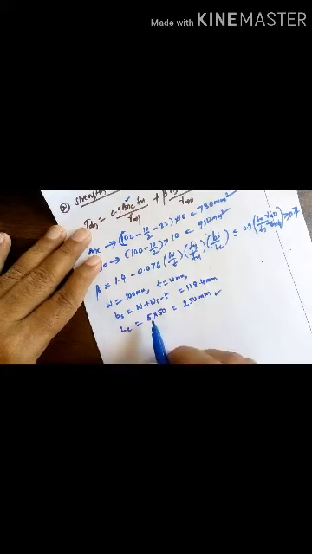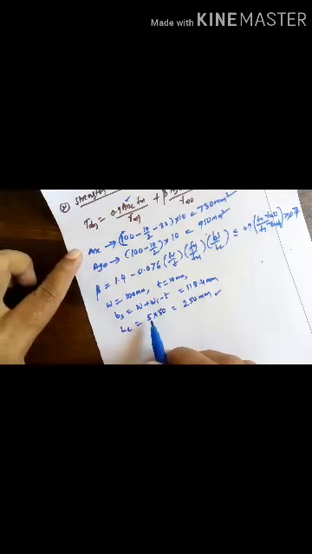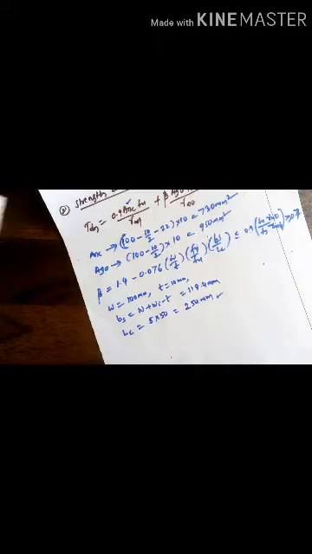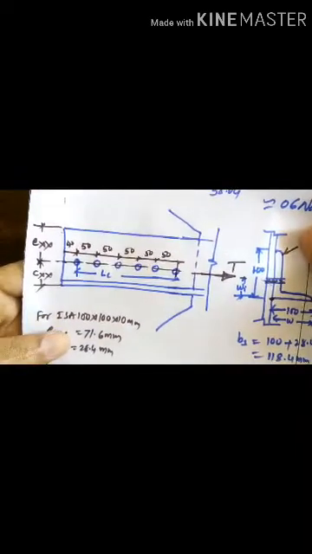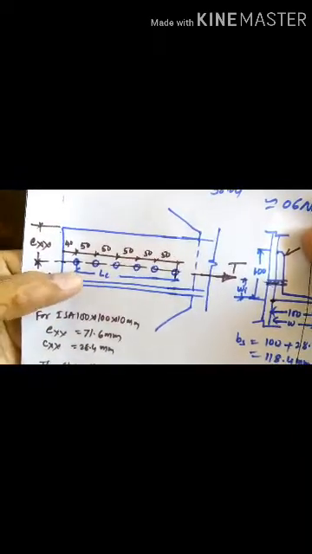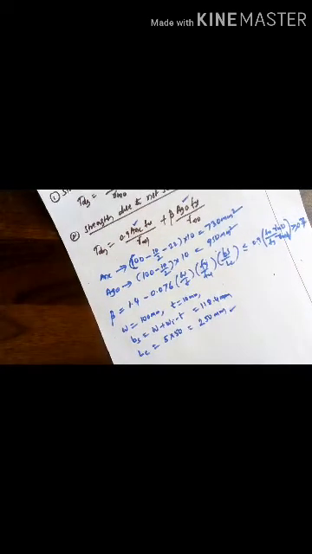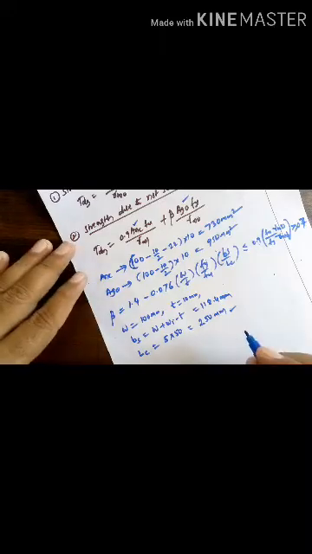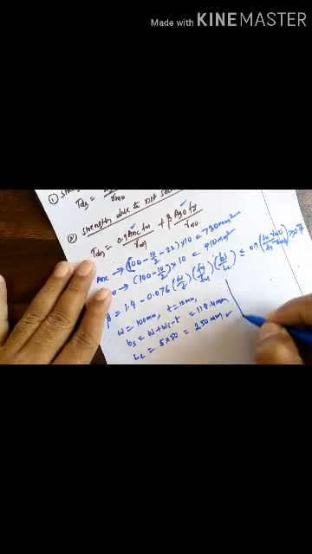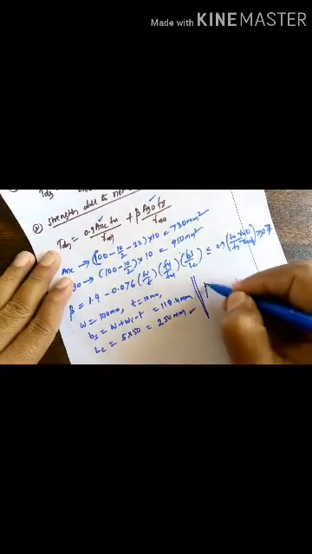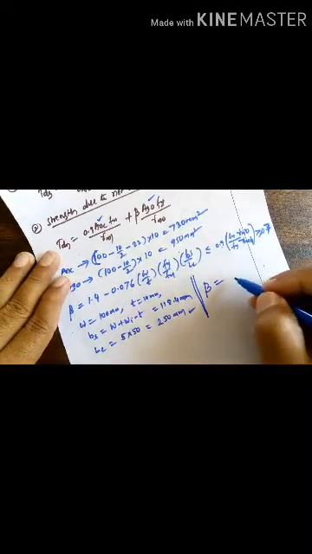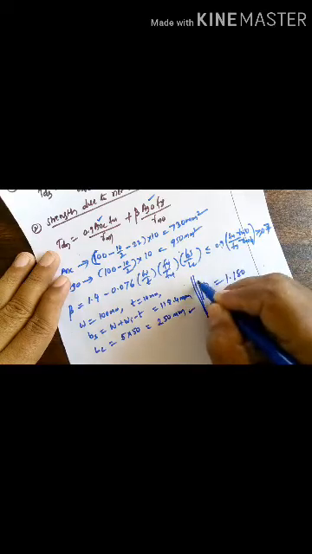LC will be the length of the end connection measured from the center of the first bolt hole to the center of the last bolt hole. This is LC, the length measured along the direction of load. Substituting all values in the above equation, we get TDN. First you calculate beta. When you substitute all these values, you will get beta as 1.180.